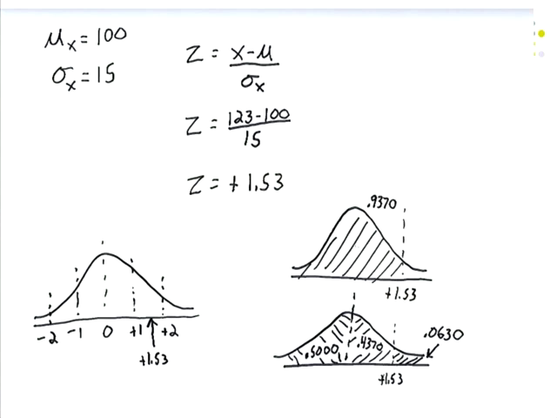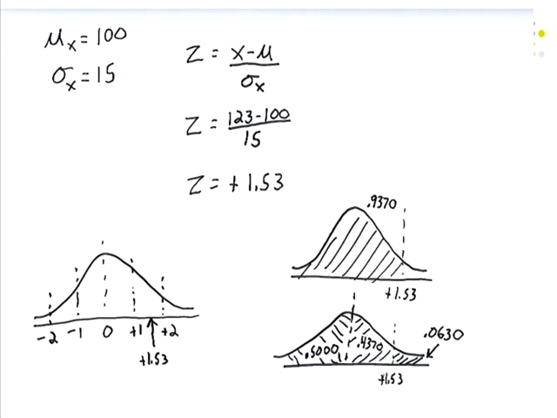Okay? Again, 50% falls to the left of the 0. 0.4370 falls between 1.53 and the mean. And remember, I got this 0.4370 by taking the original 0.9370 and subtracting 0.5.